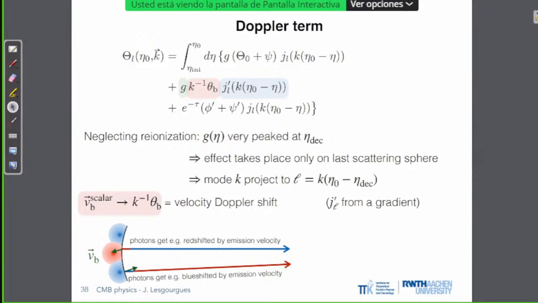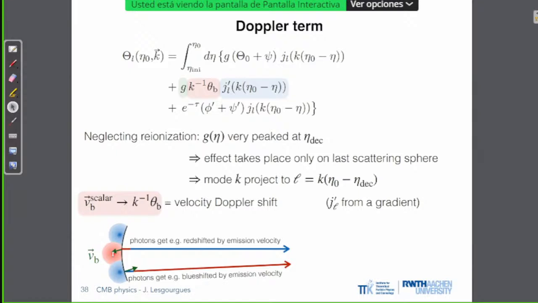And this term has to do with the fact that the photons here were in thermal equilibrium with the baryons, forming a fluid with real bulk velocities. For instance, you can expect that the fluid was falling towards hot regions, overdensities, and escaping from underdense regions. And so the photons we see on the last scattering surface are like ejected with an initial bulk velocity that will cause a normal Doppler shift.